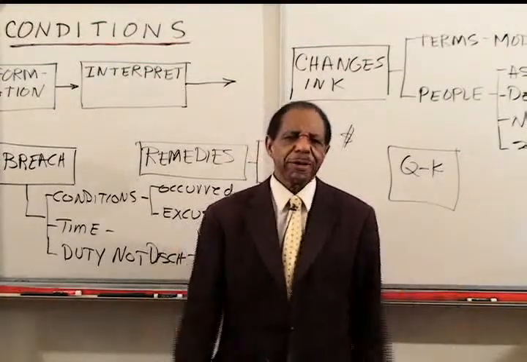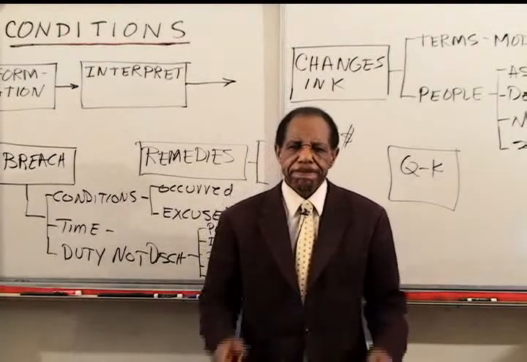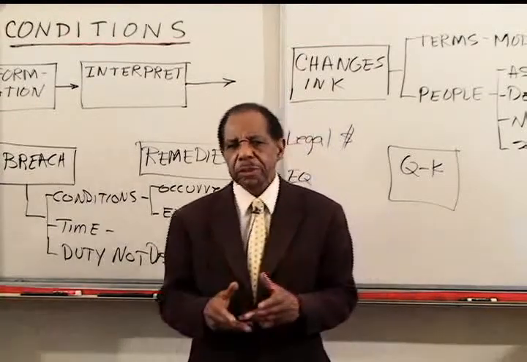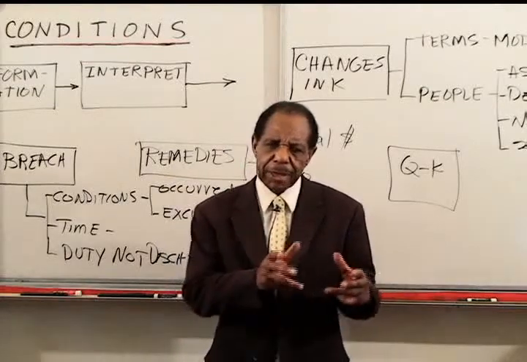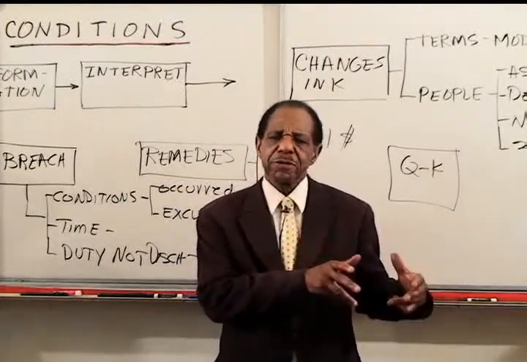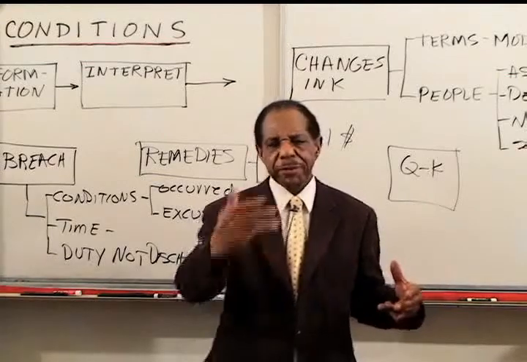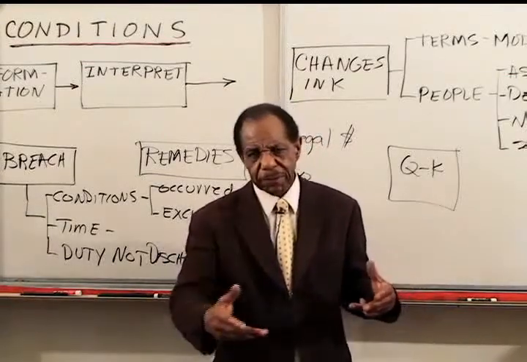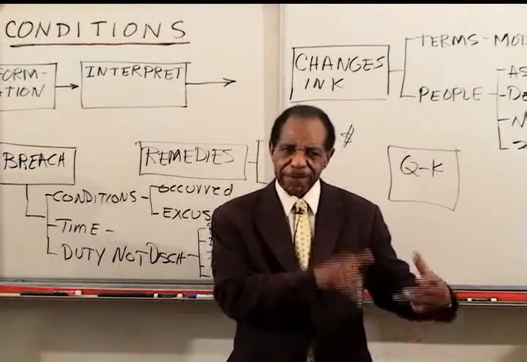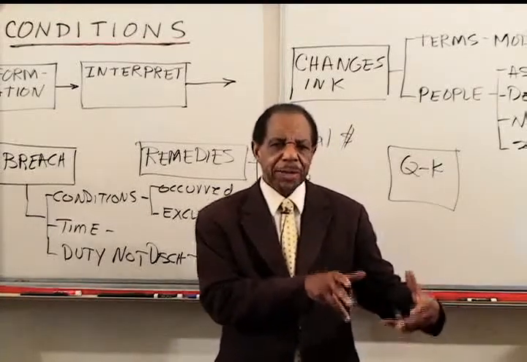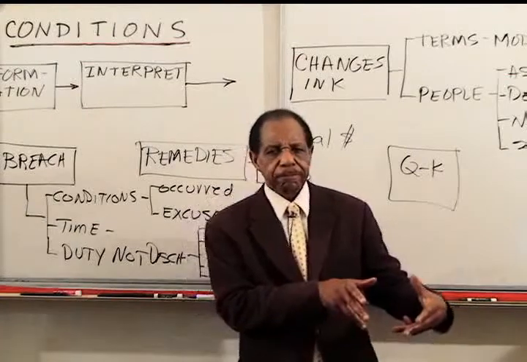You know, the courts are not going to have anything to do with that. Or I defraud you into getting this agreement. The court is not going to enforce that. So what I'm getting at is that the event which needs to occur in order to make my duty to pay, to perform absolute, that's what we're focusing on, that event. There are funny things that can happen to that event, and that's what this lecture is all about.